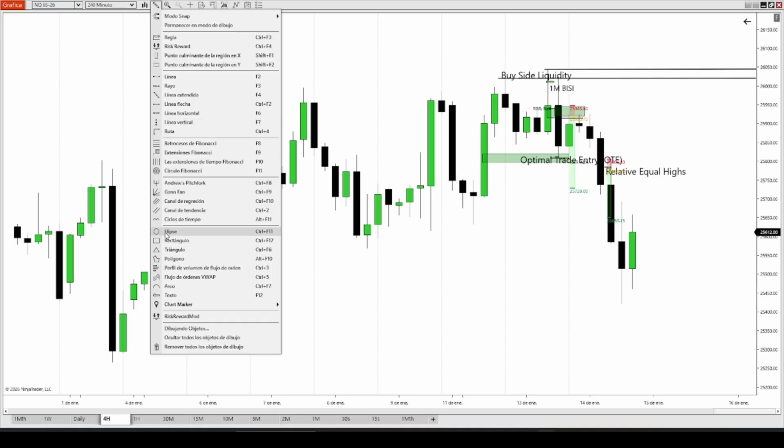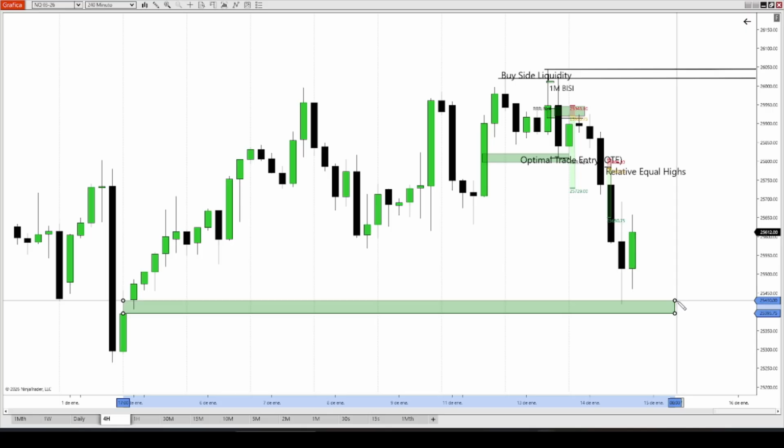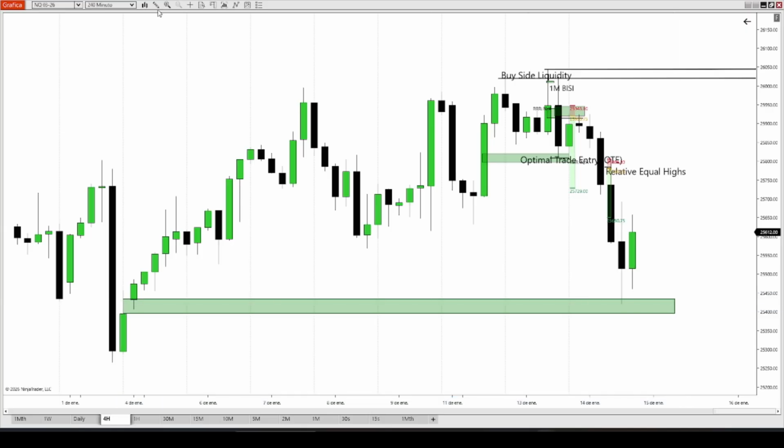So what is that? This is a volume imbalance. And that right there was our draw on liquidity. So what price is doing is price is returning to rebalance the volume imbalance, because that's what price does.